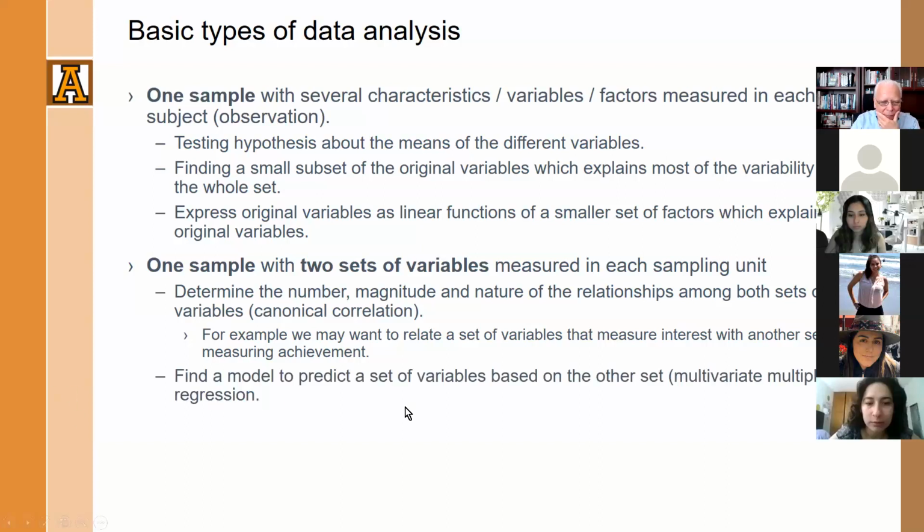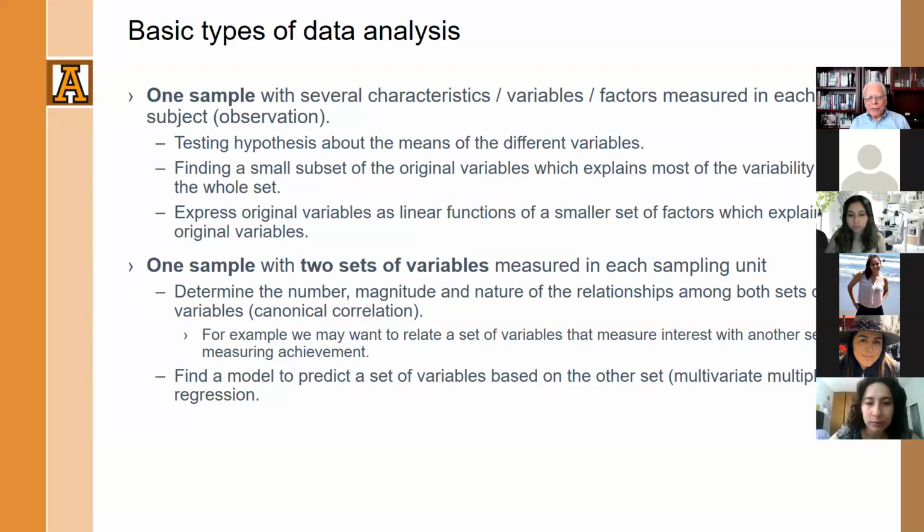We may want to find a model to predict a set of variables based on the other. This is called multivariate multiple regression. For those of you who have taken regression analysis, you have one dependent variable and several independent variables.